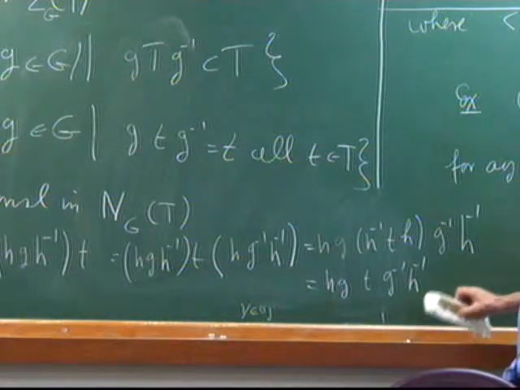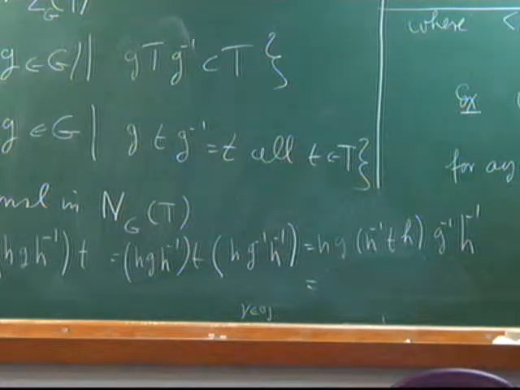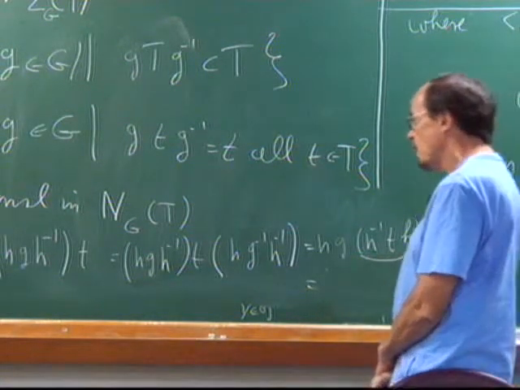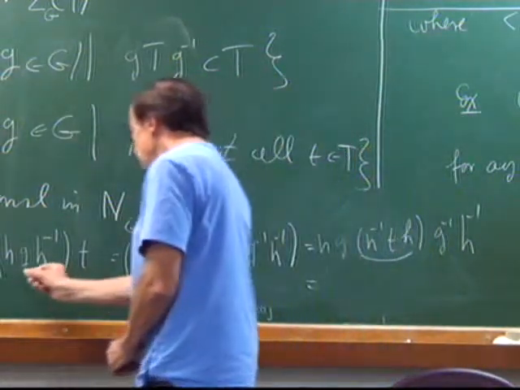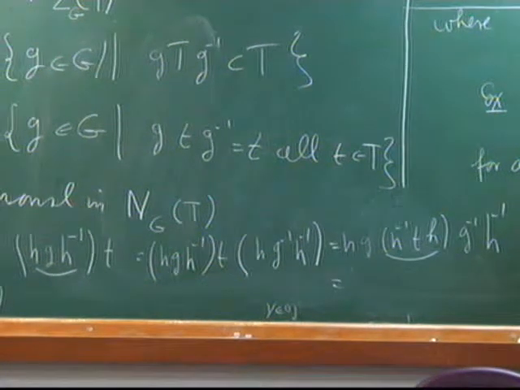Okay, so let's erase this. I claim that's okay. Because what I want to show is that this element lies in the centralizer. Sorry, h g inverse.